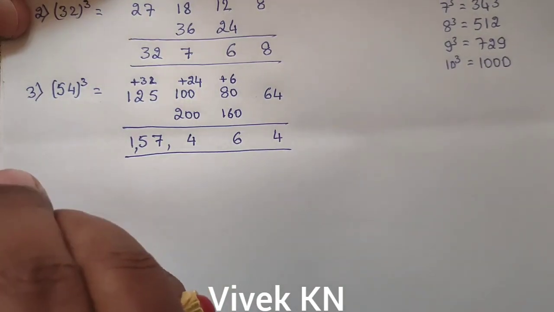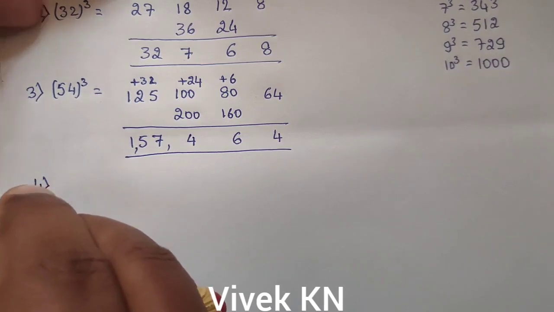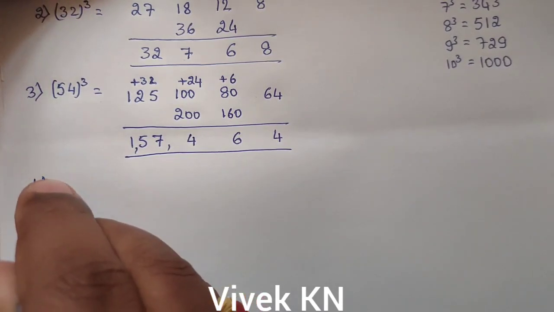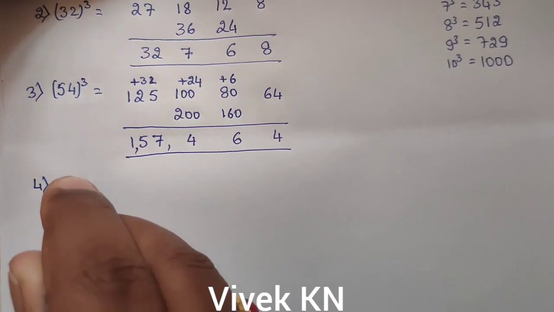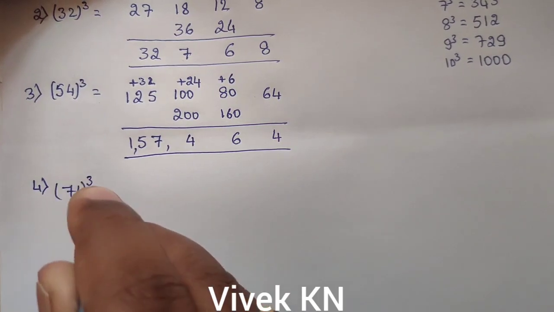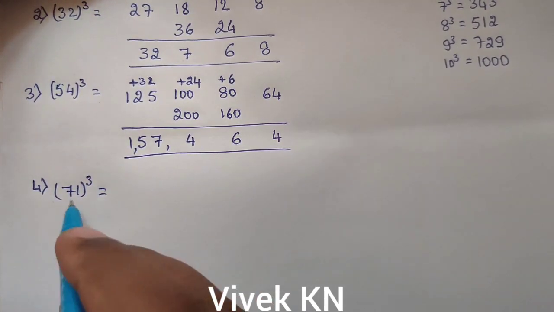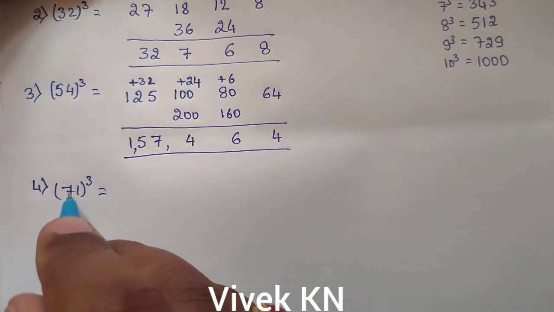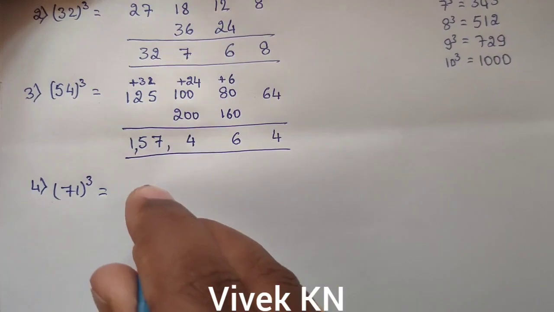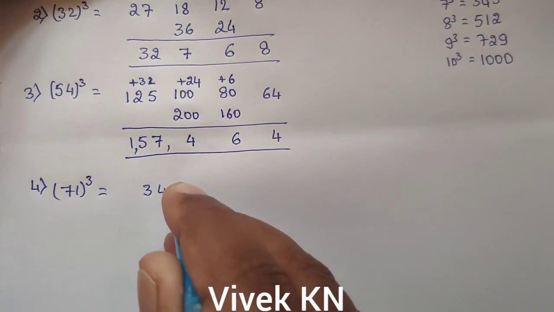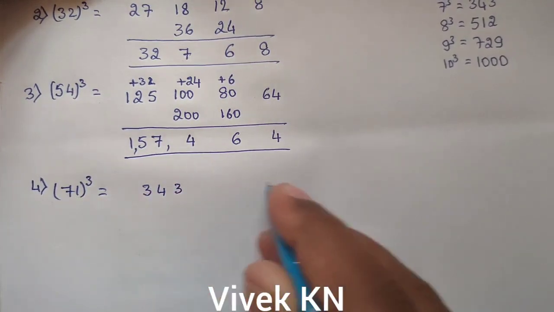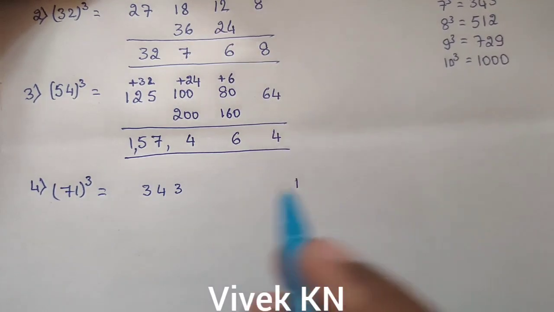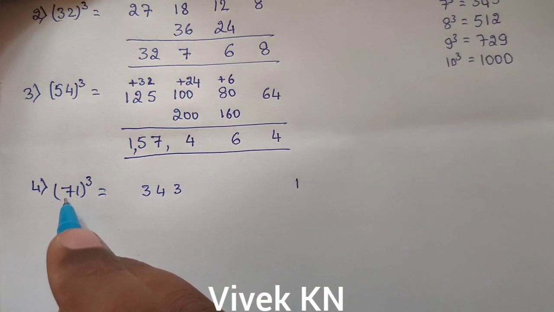Last example, let us find the cube of 71. That is 71 whole cube. In the first step, we have to cube each digit of the given number. Here 7 cube is 343. 1 cube is 1 itself. In the second step, we have to square the first digit.